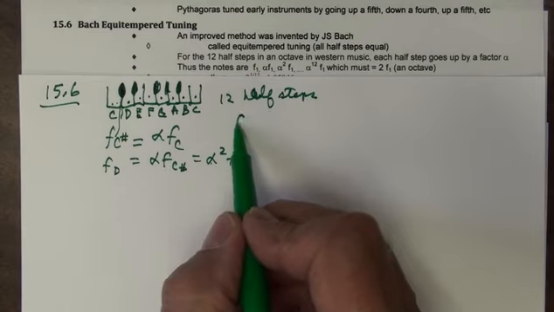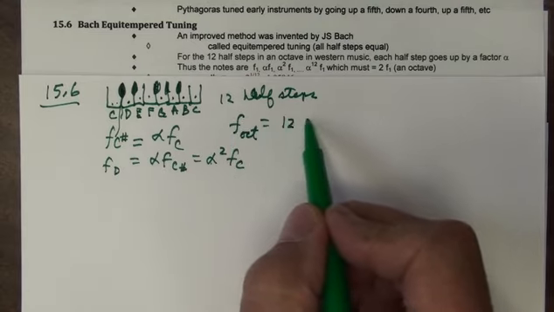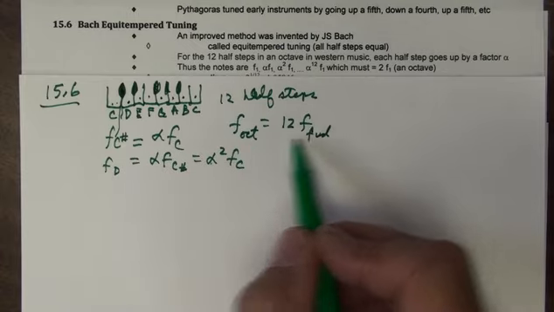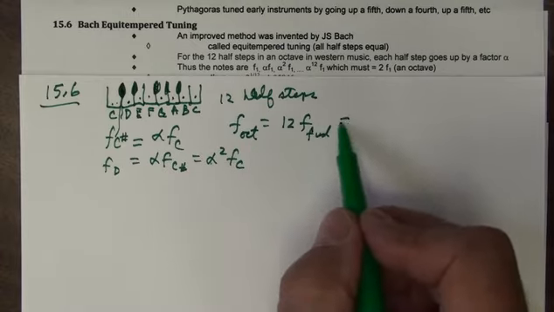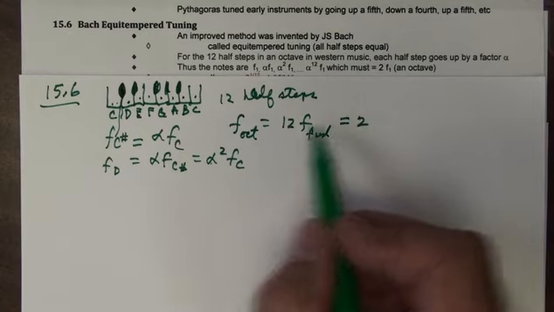Therefore, it follows that the frequency of an octave up is alpha multiplied 12 times the frequency of the basic note, the fundamental. Now, we also know that this has to be twice the fundamental.